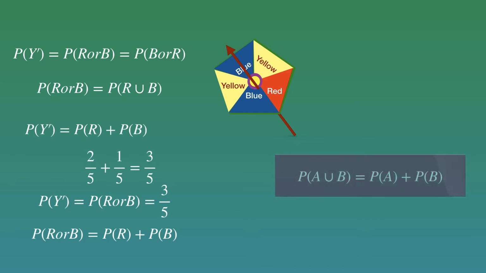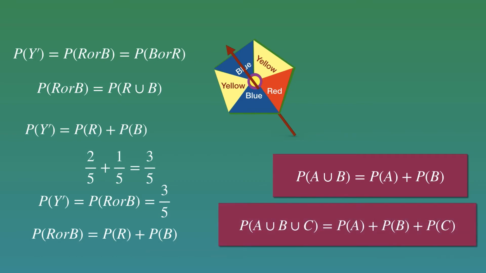In general, if 2 events A and B are mutually exclusive, we can write the probability of A union B as equal to the probability of A plus the probability of B. In fact, this rule is true for any number of mutually exclusive events. For example, if there was a third event C, which is also mutually exclusive to A and B, then the probability of A, B, or C is going to be equal to the probability of A plus the probability of B plus the probability of C, and so on.